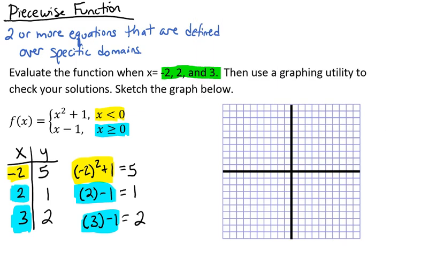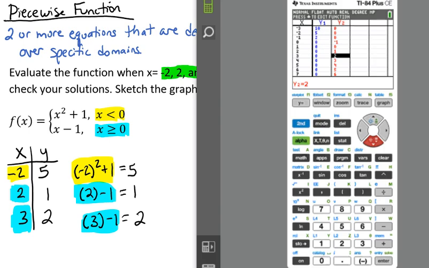So what we're going to do next is we're going to graph those points really quick. So we have -2, 5. And we have 2, 1, and 3, 2. But what does that look like? So we go back to our calculator. We can actually hit graph.